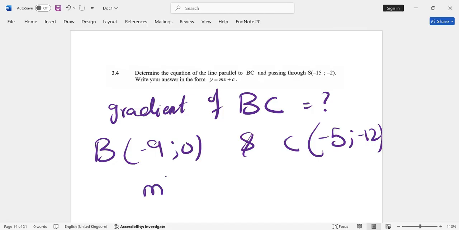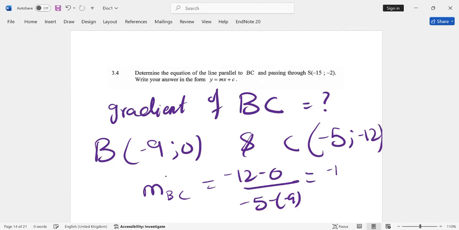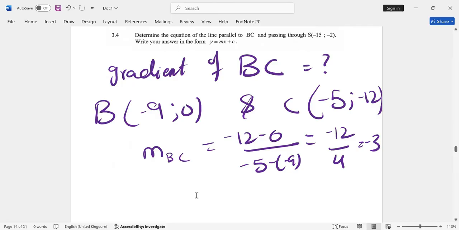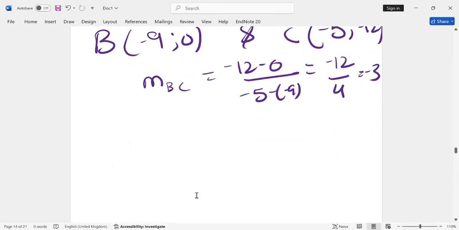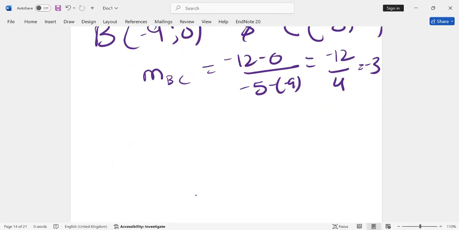The gradient of BC equals minus 12 minus 0 over minus 5 minus minus 9, that is minus 12 by 4, which equals minus 3. So the gradient of the parallel line is m equals minus 3.